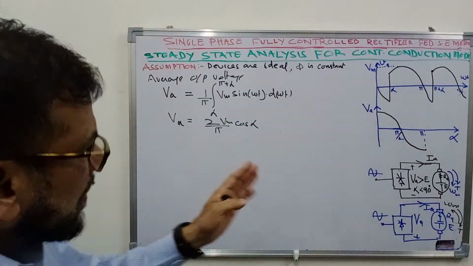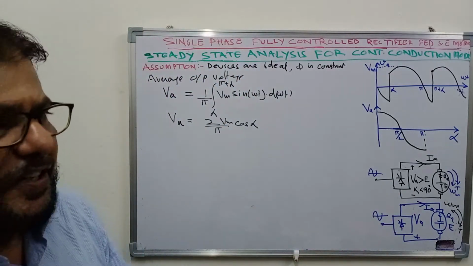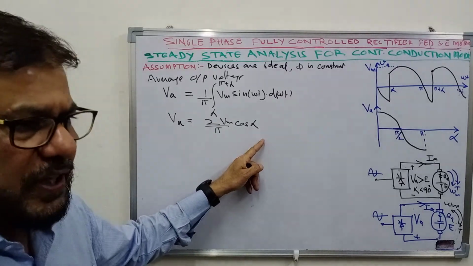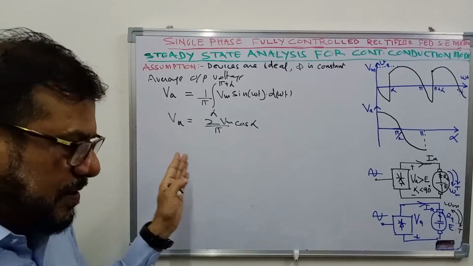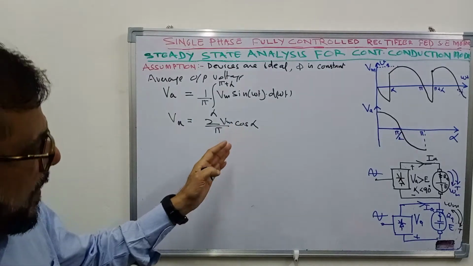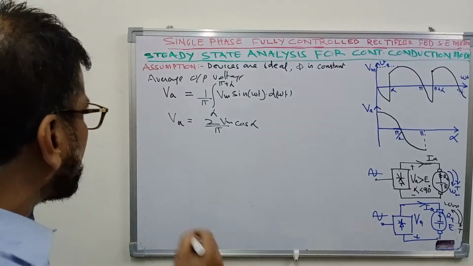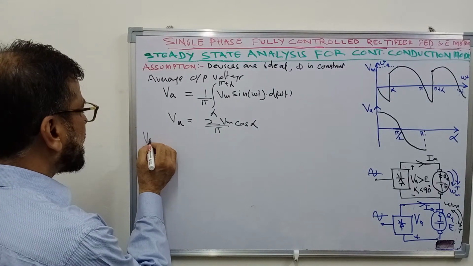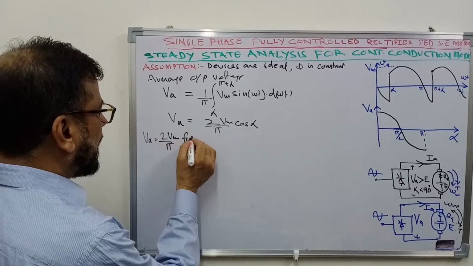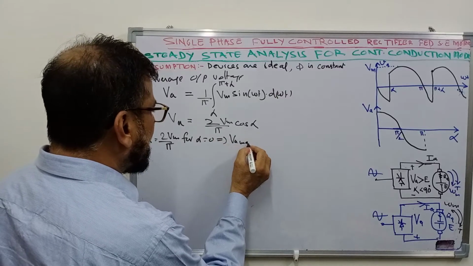Alpha can be varied, theoretically, from 0 to 180 degrees. Cos alpha will be 0 when alpha equals 90 degrees. Before that it will be positive. For alpha equal to 0 it will be equal to 1, and for alpha equal to pi radians it will be equal to minus 1. So, Va is equal to 2 Vm by pi for alpha equal to 0, which you may call Va max.